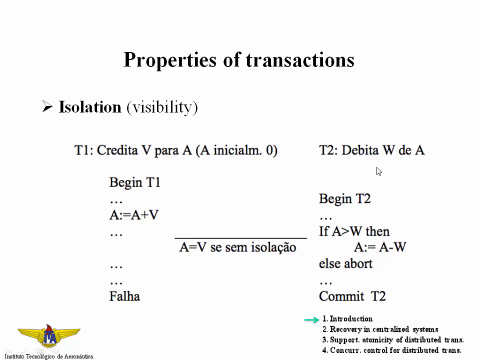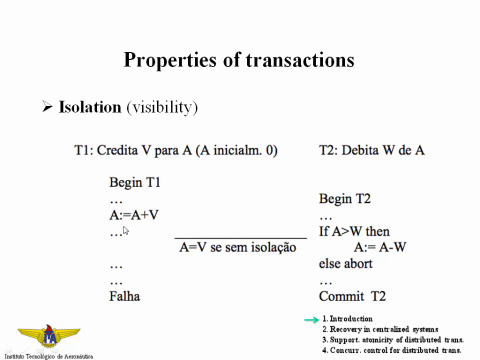So in this case, you can debit value W from A. If A is greater than W, you compute A equals A minus W. So these transactions can commit.